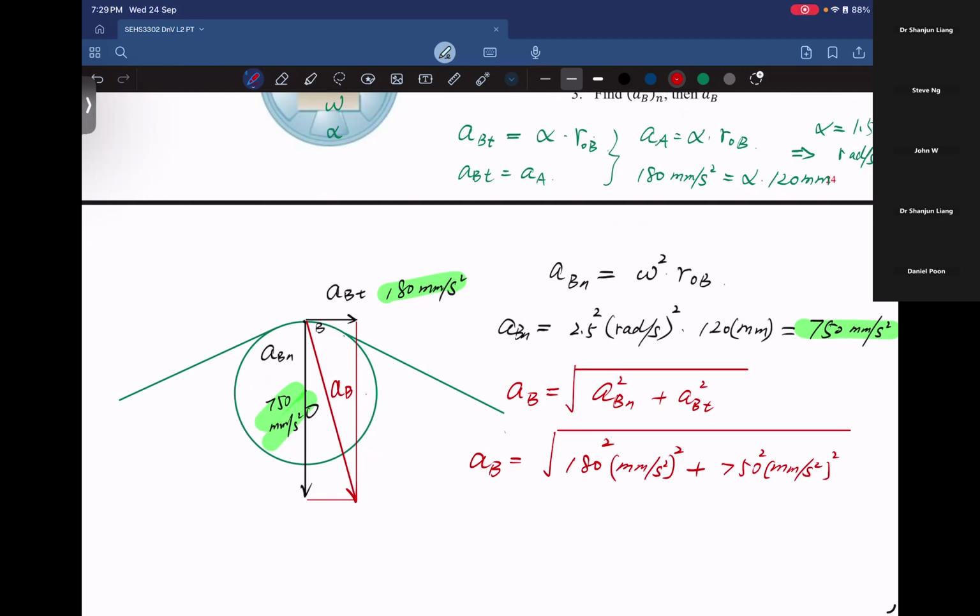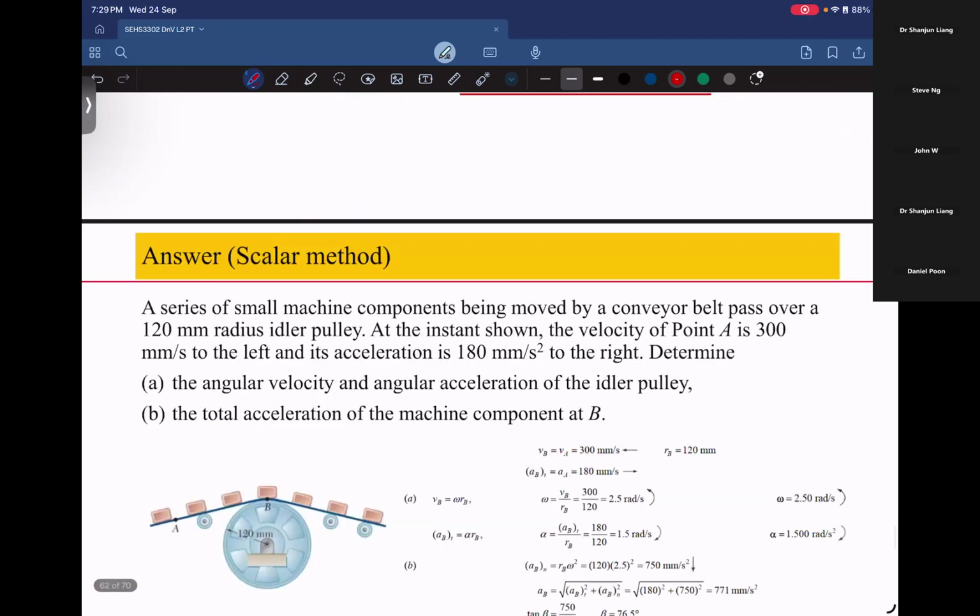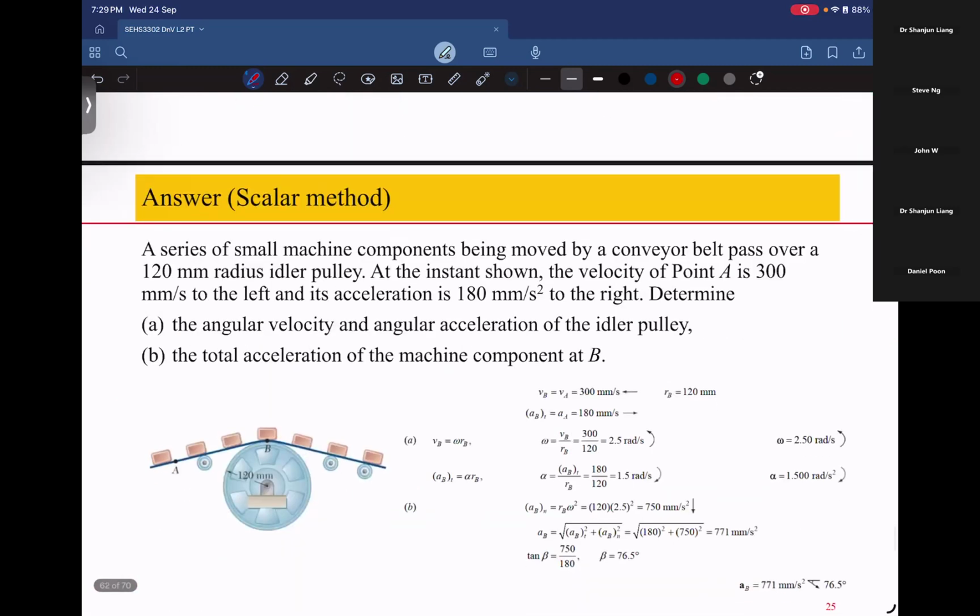After calculation, we find AB is 771 millimeter per second square. This is the true acceleration of point B, 771. That's it.